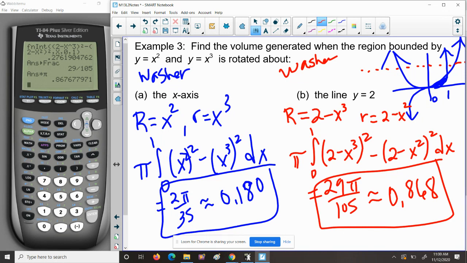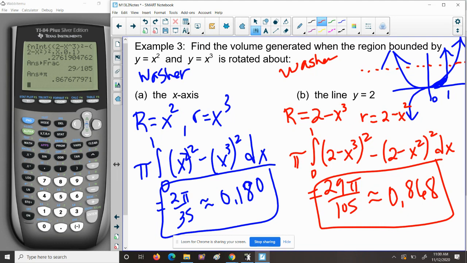I would always keep in mind that you're looking at the distance from your line of rotation to the furthest part away for your big R, and the distance from the line of rotation to the closer part for your little r. If your line of rotation is above the area, then you're going to take the line amount minus that furthest part away for big R, and the number minus the closer part for little r.